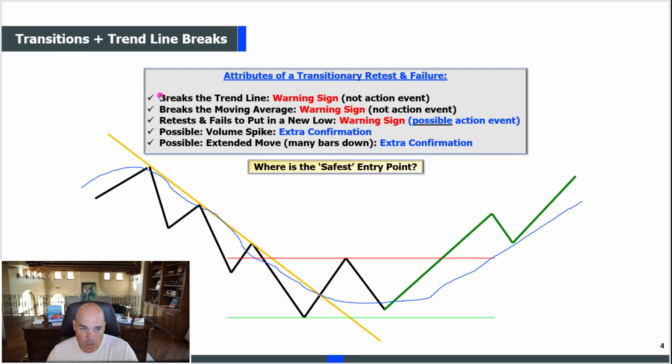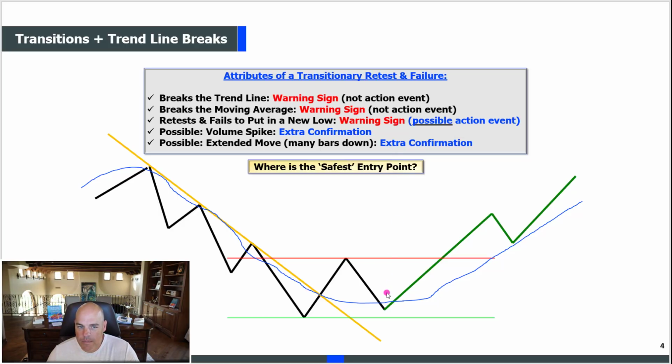So that's check one, check two. Breaks the trend line, warning sign, not an action event. Breaks the moving average, warning sign, not an action event. Retests and fails to put in a new low right here. So it retests the prior pivot, but it does not go below the green line. Warning sign, possible action event. We'll talk about that a little later. Possible action event. But we're still in the warning sign stages here.